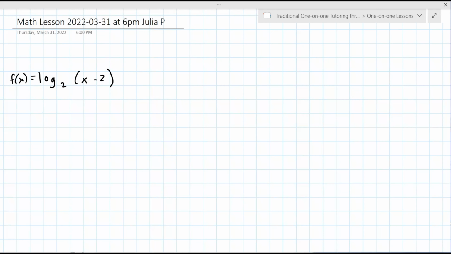There is only one transformation, and it's from inside the parentheses here. It's just like when you're graphing quadratics. It's the same principle. It is a horizontal shift right 2. Yes, perfect. All right, fantastic.